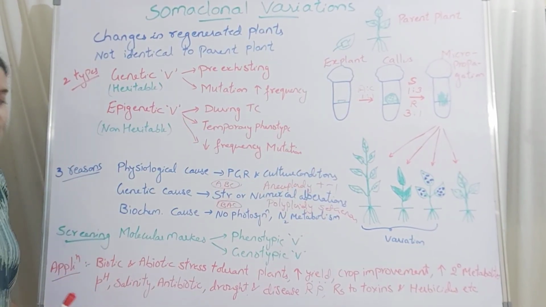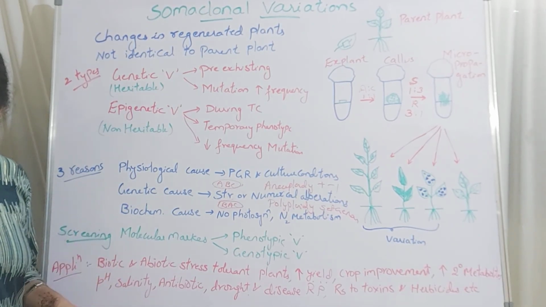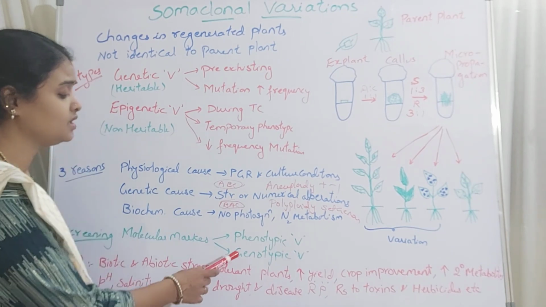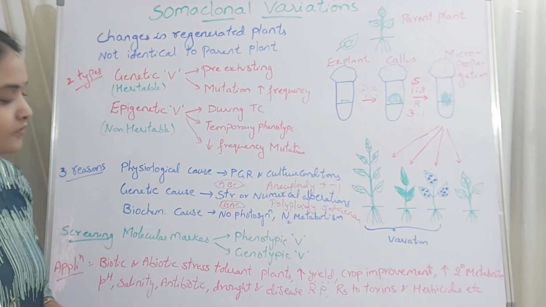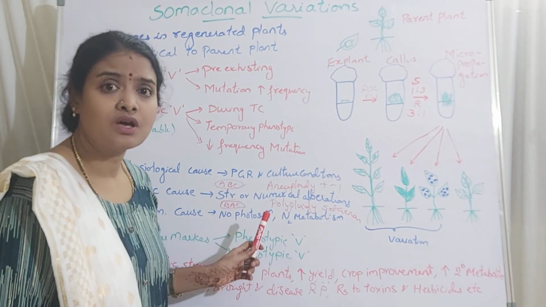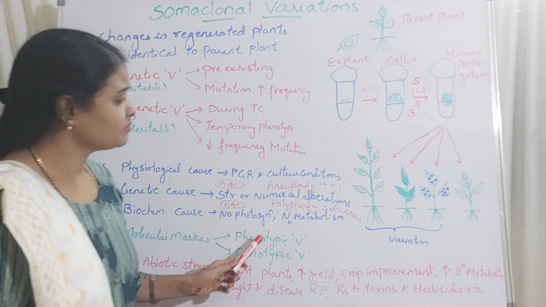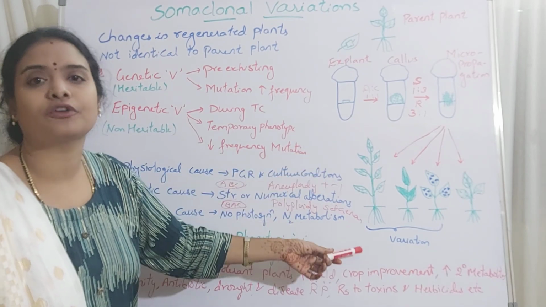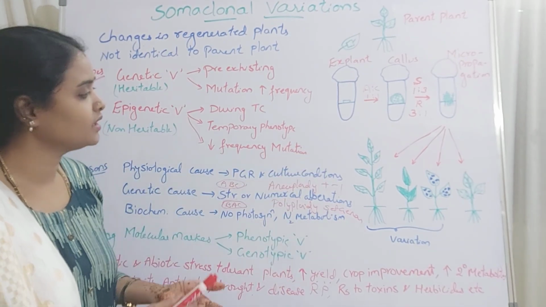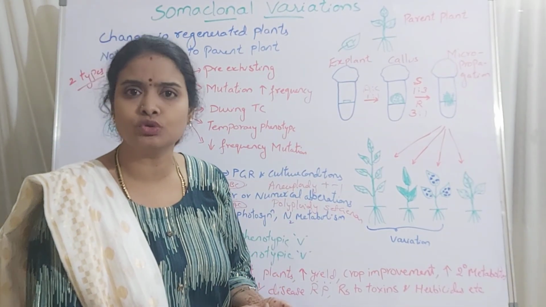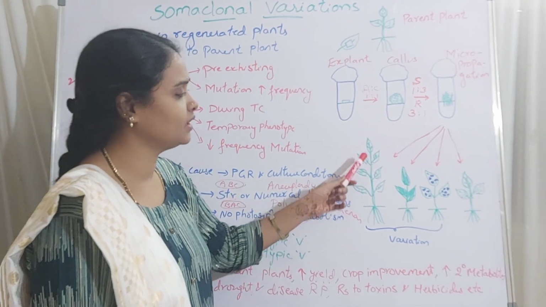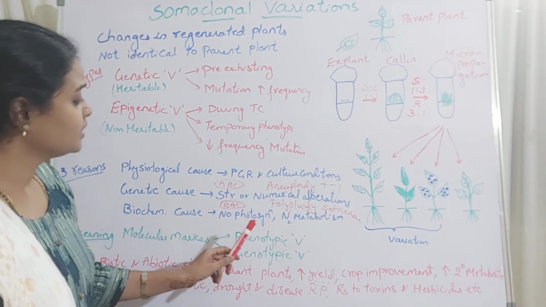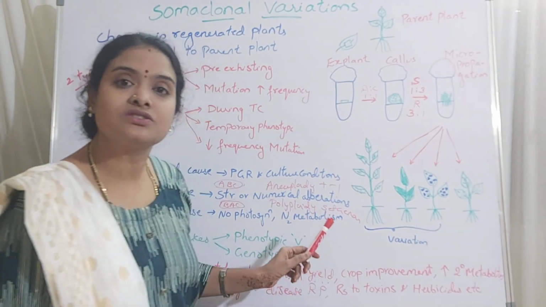In this screening, by using the molecular markers, you can check for the phenotypic variations and the genotypic variations. Phenotypic variations may be seen by viewing the external morphology of the plant, that is color of the flower, color of the fruit, right, leaf structure and all. A genotypic variation is one that can be within the genes.